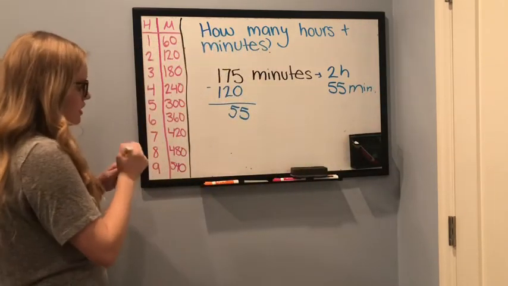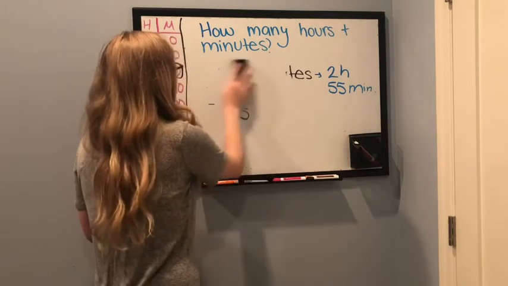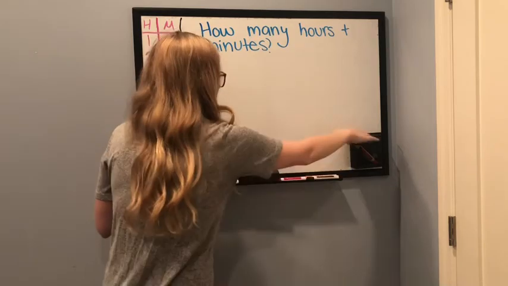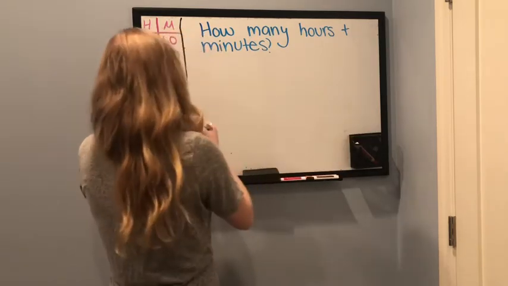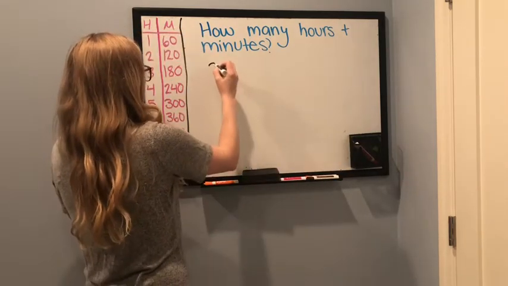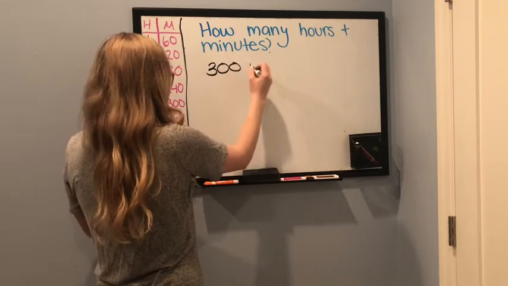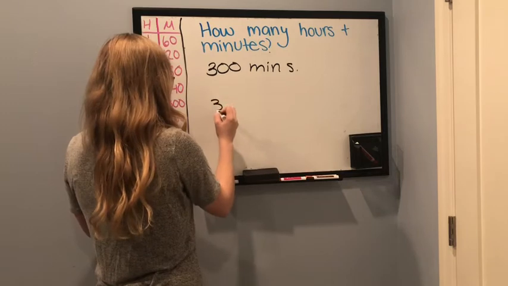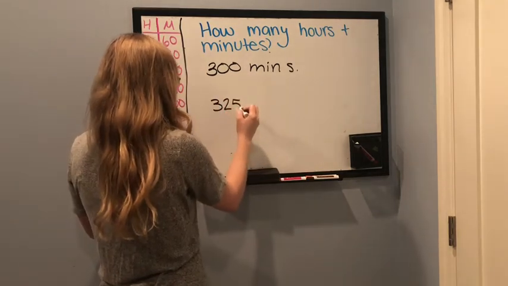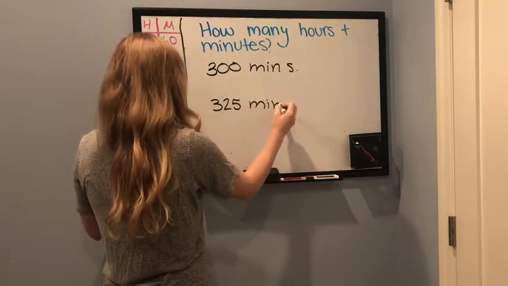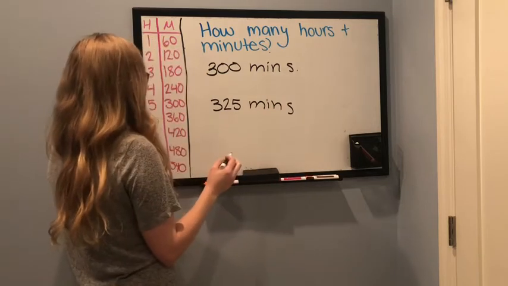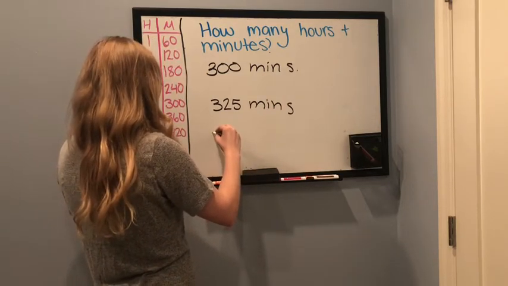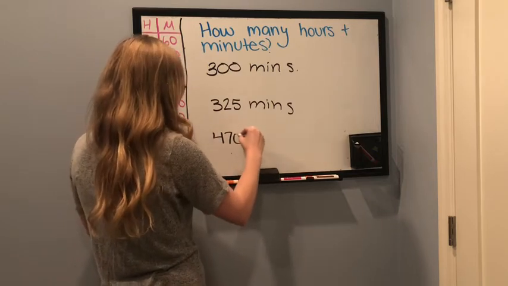Okay, I'm going to give you 3 problems to work on your own, and then we will go over them. I'm going to convert 300 minutes, 325 minutes, and we'll do 470 minutes.